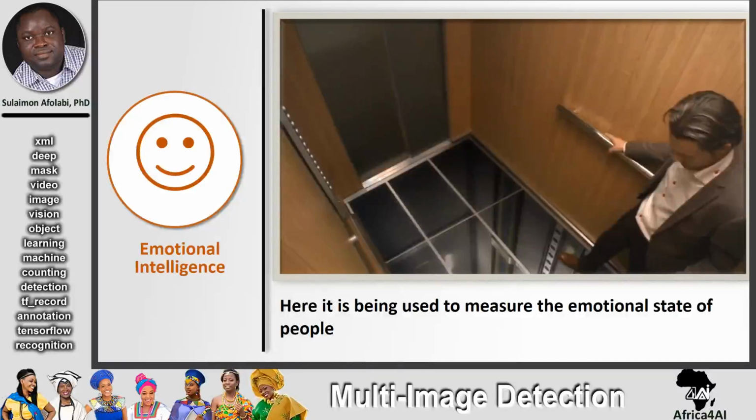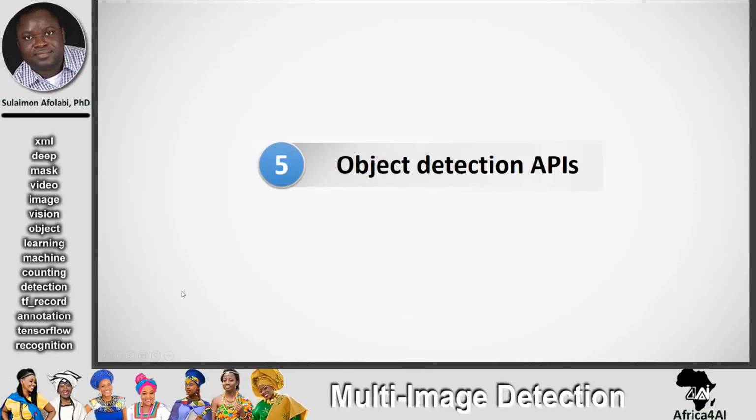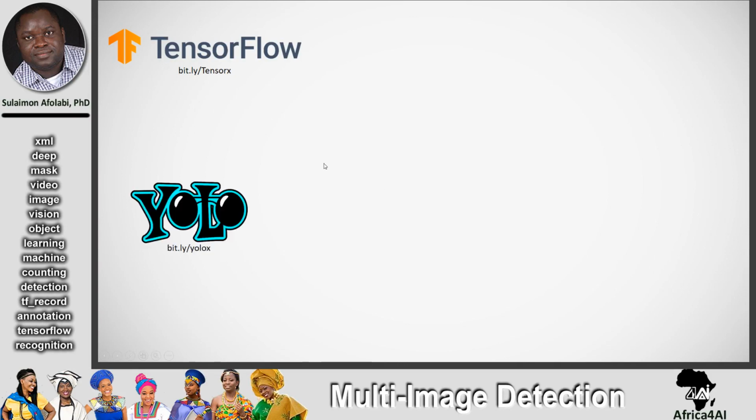Okay, so now let's go to the object detection APIs. So these are the models, these are the platforms that allow us to be able to use this computer vision technology. The number one on my screen is TensorFlow. I've put the link in case you want to see how you can implement using a certain framework.